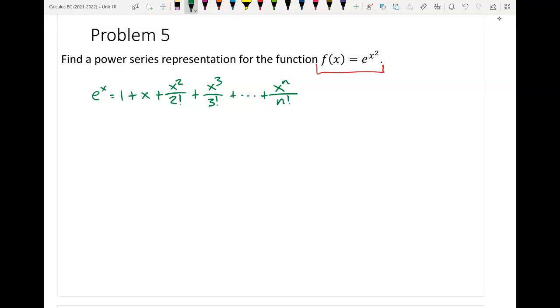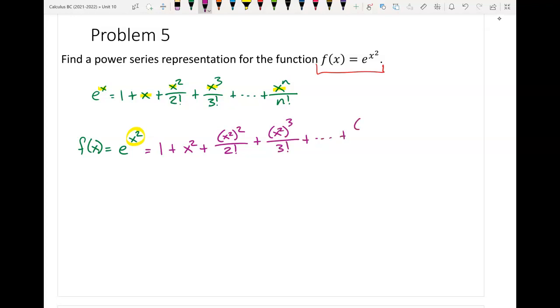So if I want to find f of x, where I have e to the x squared, then all we're doing is replacing all of my x's with x squared. So that would become 1 plus x squared plus x squared squared over 2 factorial plus x squared cubed over 3 factorial plus dot dot dot plus x squared to the n over n factorial.